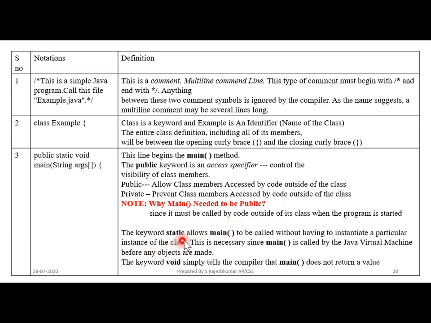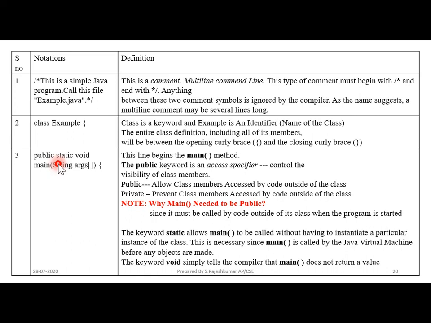Then the second keyword is static. The keyword static allows main to be called without having to instantiate any particular instance of the class. Main is a method. When a method is declared as static, it does not need to be instantiated by any instance of the class. That means there is no need of an object to instantiate the main function.